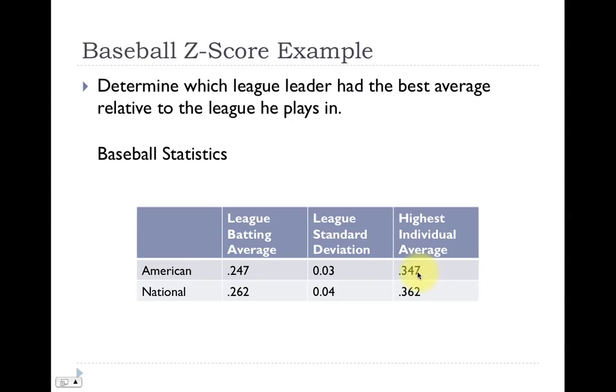But if we want to know who scored furthest away from the mean, would it be the American player or the National player? We have to calculate the z-score and look at the two numbers. The greater z-score would be the player with the best average relative to the league he plays in.